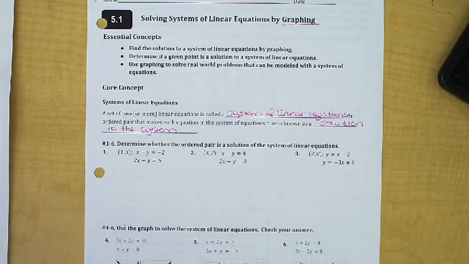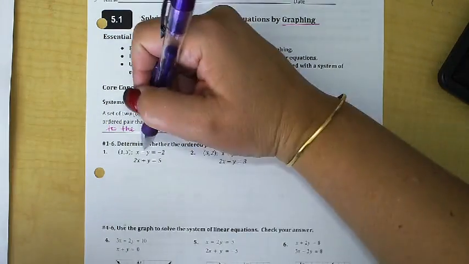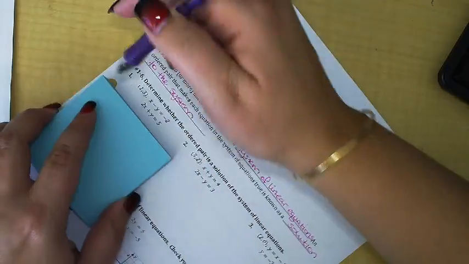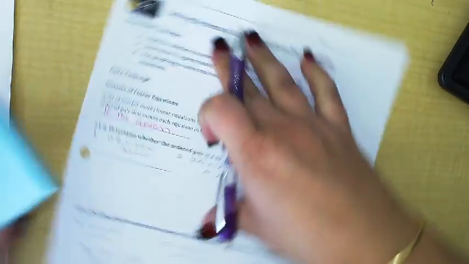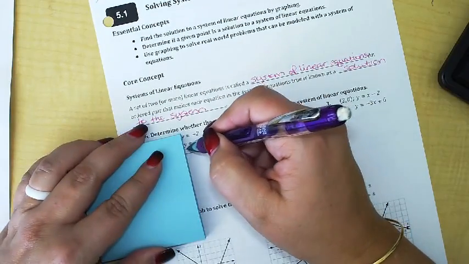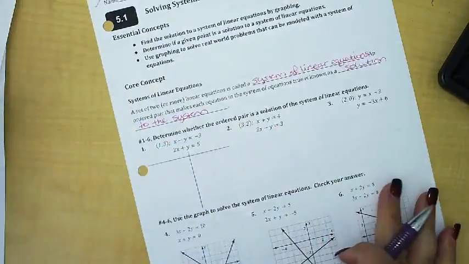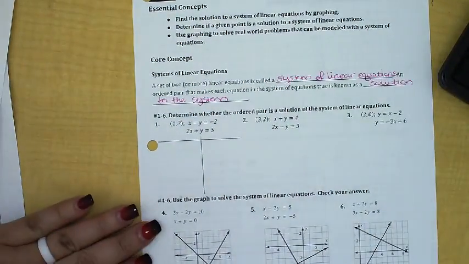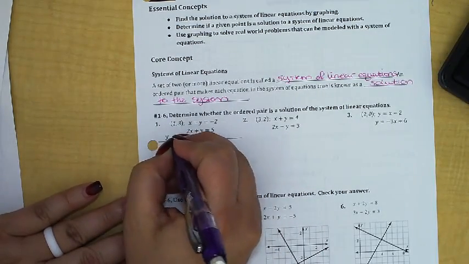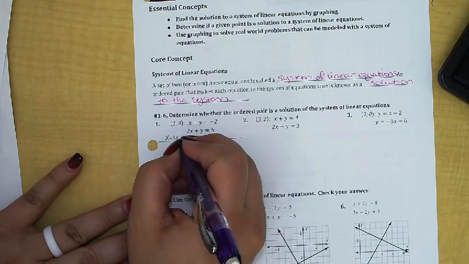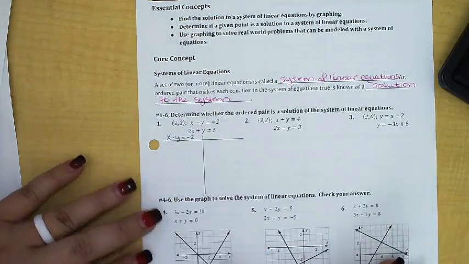In order to determine whether or not that ordered pair is the solution, we're going to test it in each one of those equations. And you don't have to do this, but I like to make myself a little bit of an organizational tool here to keep my work a little bit organized, right? So the first one I'm going to test it in is this top one. So I'm going to test it in that x minus y is equal to -2.